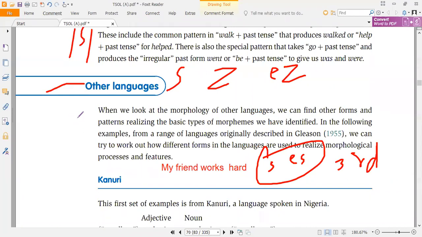Like in order to make the plural form in the Pashto language, we use different morphemes such as an, for example alakan.